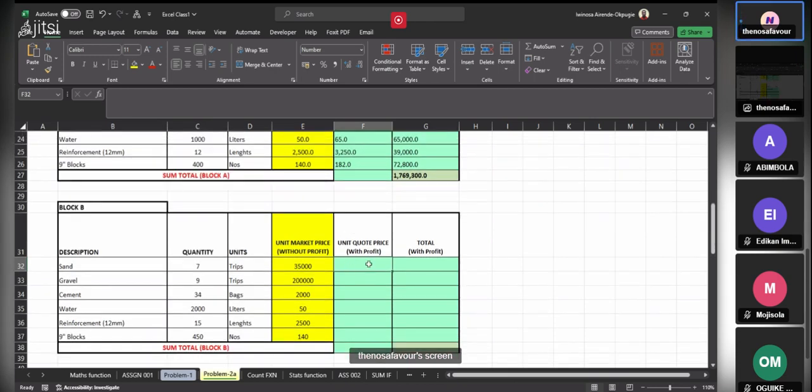I want to solve for block B. So what do I do? You need quote price with profits.